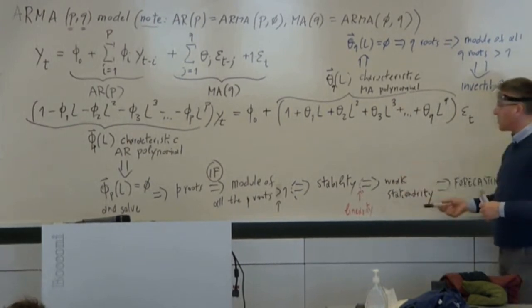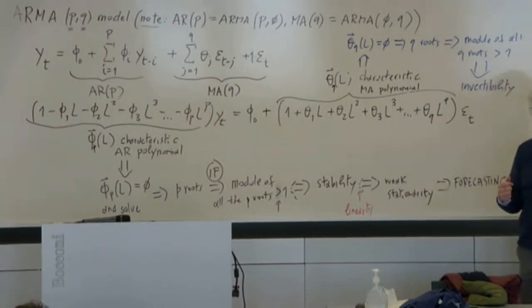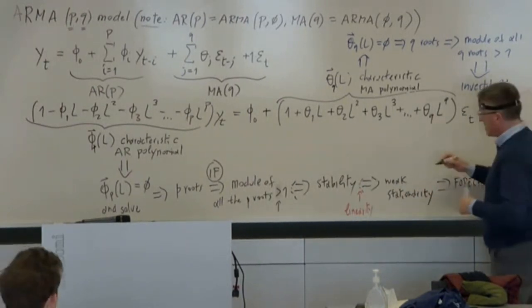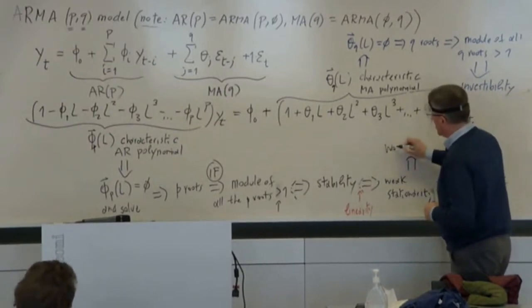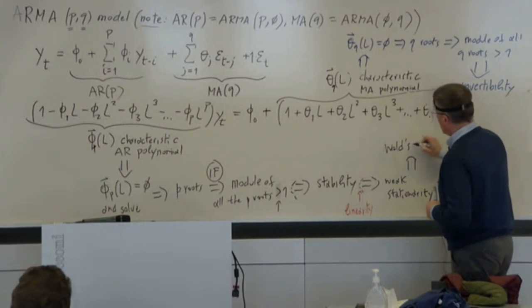Now, still I go back to black down here. Well, you know that there is a bonus from weak stationarity. Weak stationarity allows you to forecast, but actually it allows you to do something else. If you have weak stationarity, then you can invoke Wold's theorem.